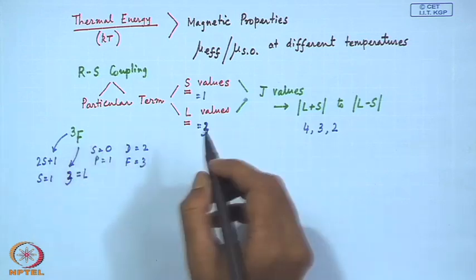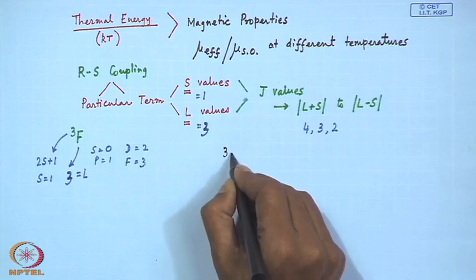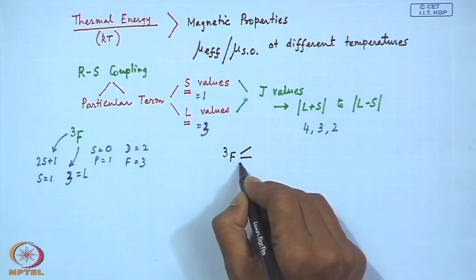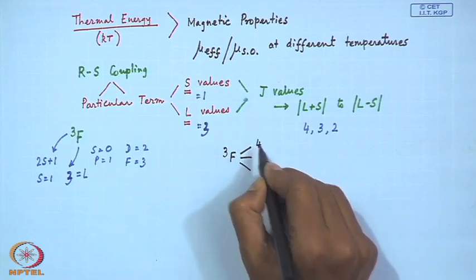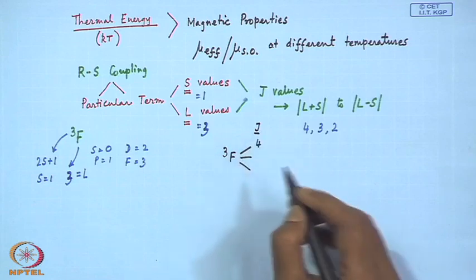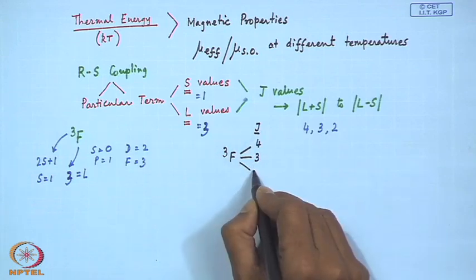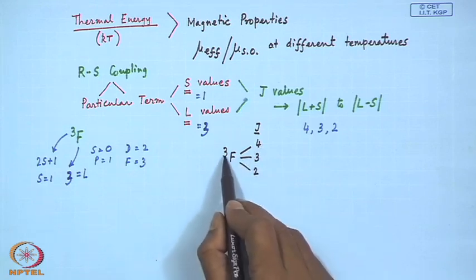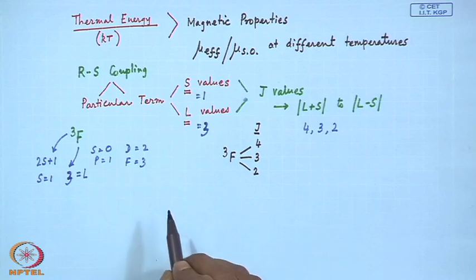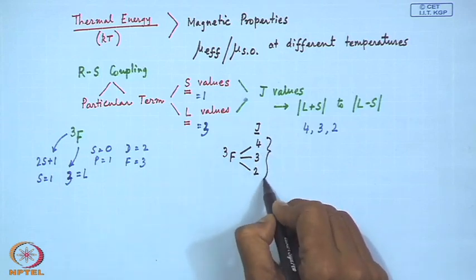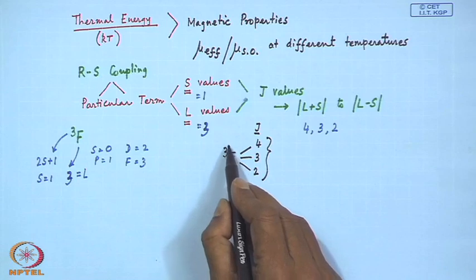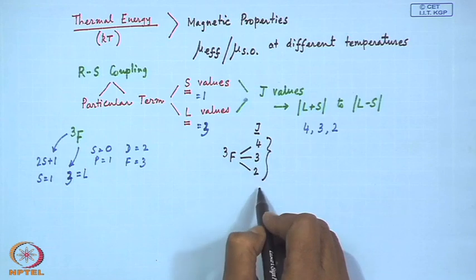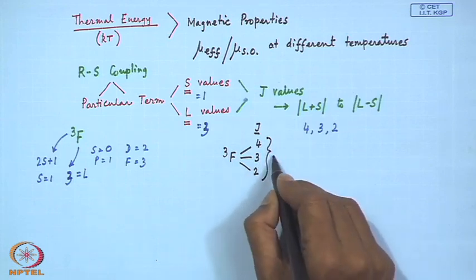So, for this 3F ground state term, we have 3 levels with J values 4, 3 and 2. So, we have a level 3F4, then 3F3 and 3F2, and when these 3 levels belong to this 3F term and there is no such splitting, we consider this a multiplet.